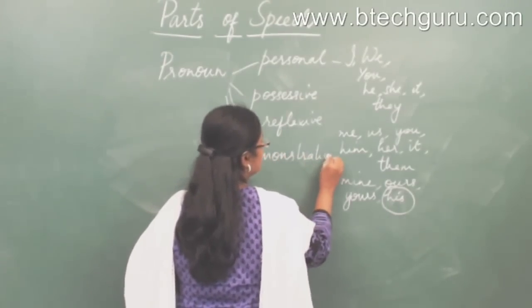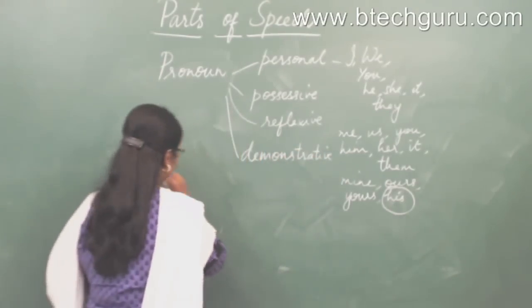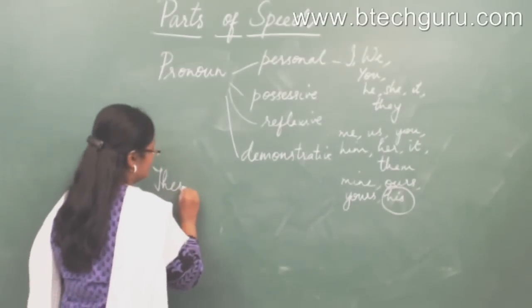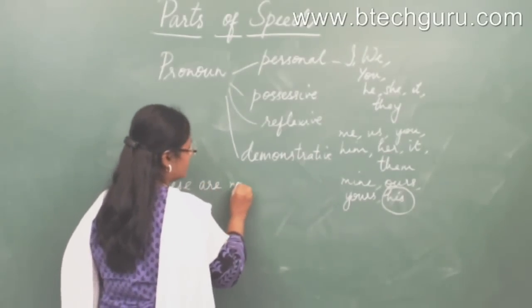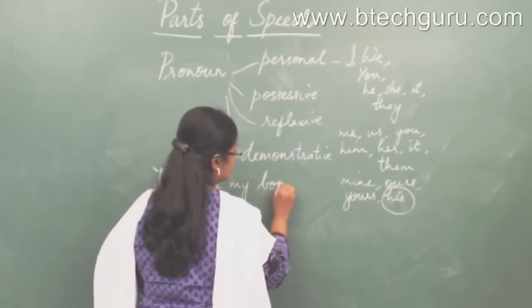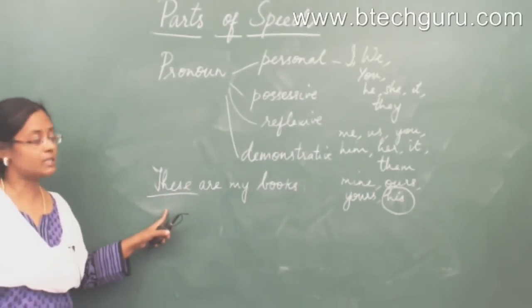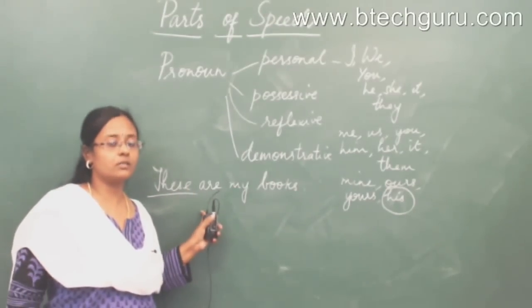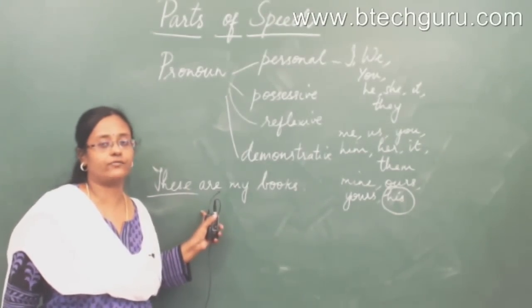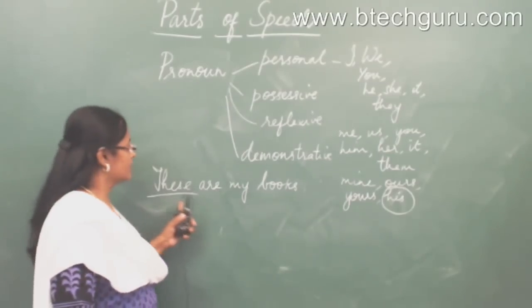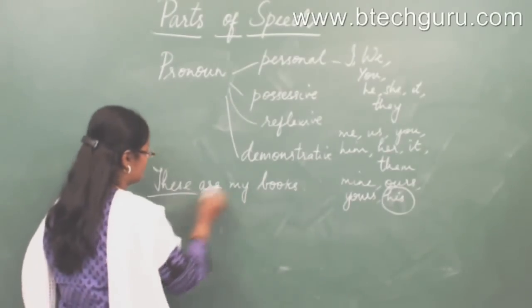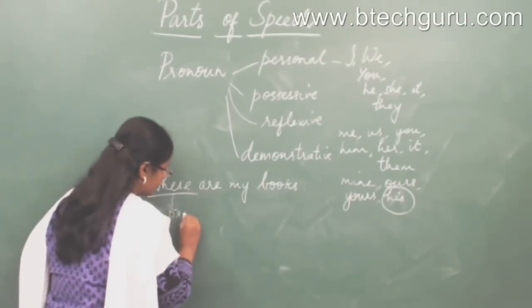When you point out something, these are my books. Again, you have to be careful here because the same word these can also function as an adjective, a possessive adjective again. If you say these are my books, here it is a pronoun.